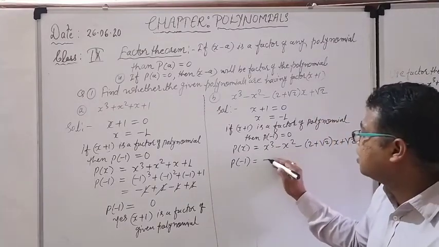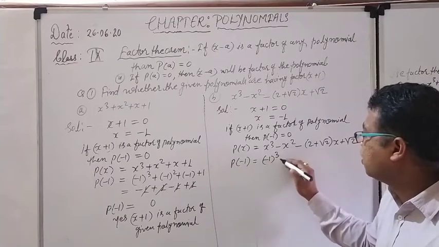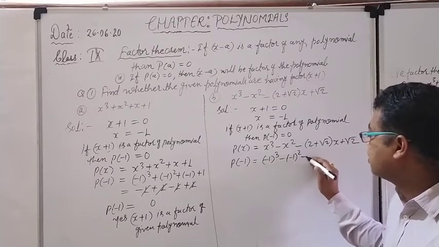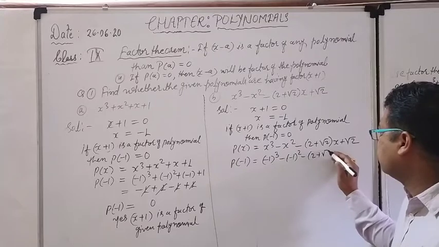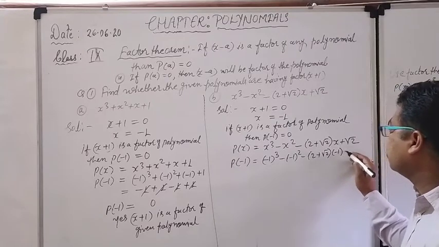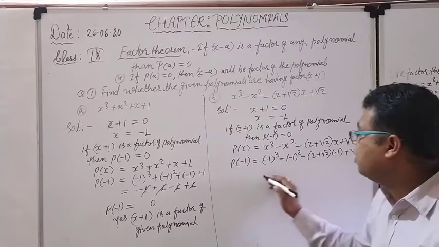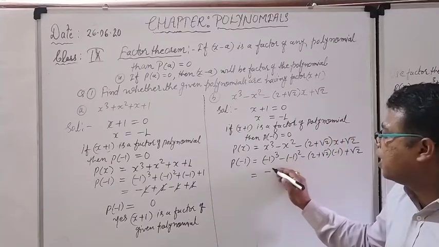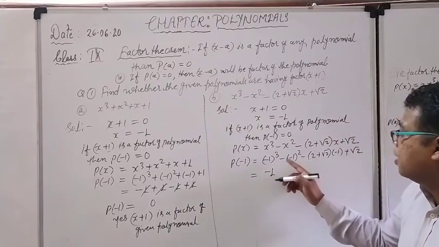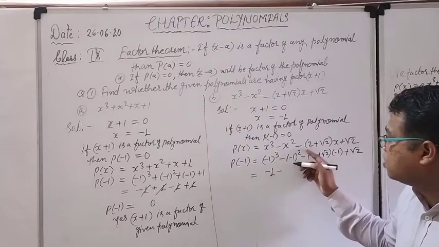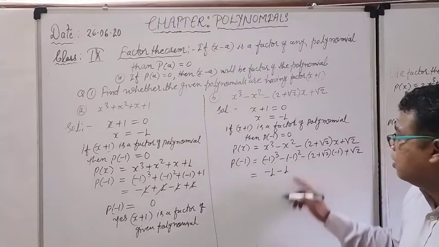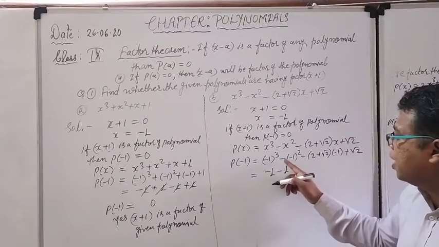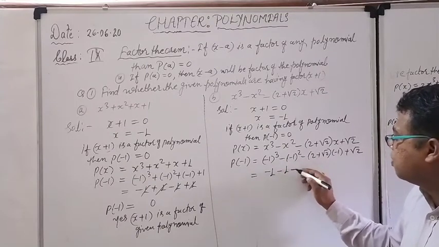I am putting brackets and filling the value minus 1 in all the places. Minus 1 cube means minus 1. Here minus means minus, and minus 1 square will give me plus 1, and again minus means minus.